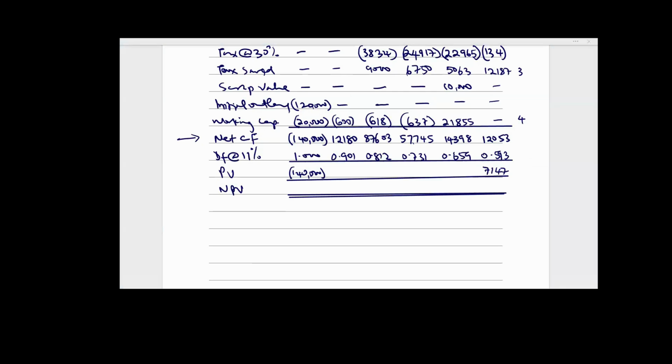Then 14,398 multiplied by 0.659 equals 9,488.